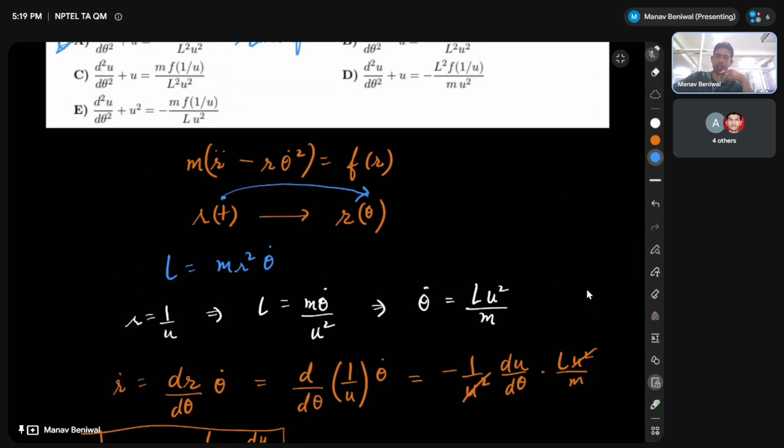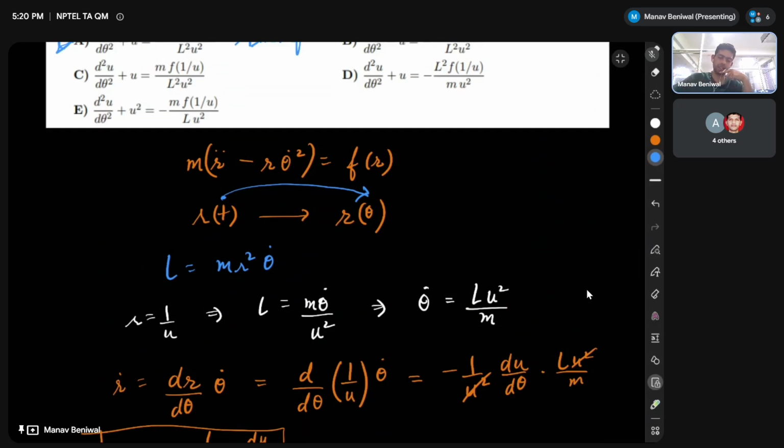Nobody would have had a dream like, let's substitute r as 1 by u. I think whoever was doing this problem would have first solved for r, and in the final equation that they got, they would have seen that if I just put r as 1 by u, a few of my terms get cancelled out because of these derivative terms, and somehow they got this equation.